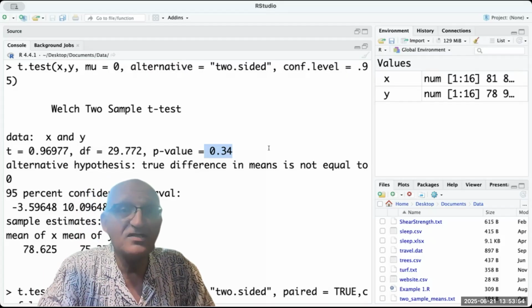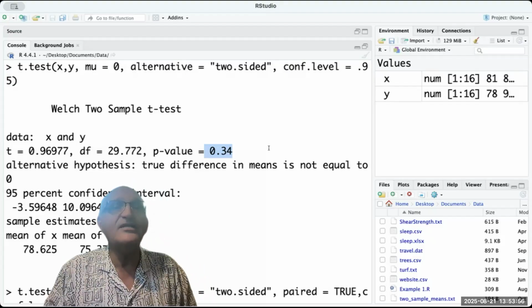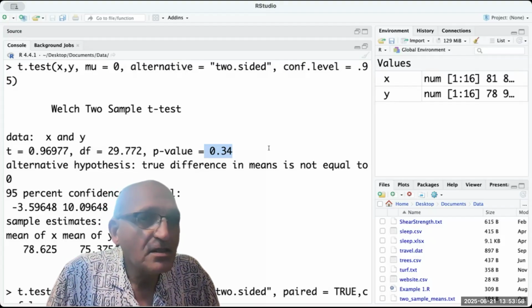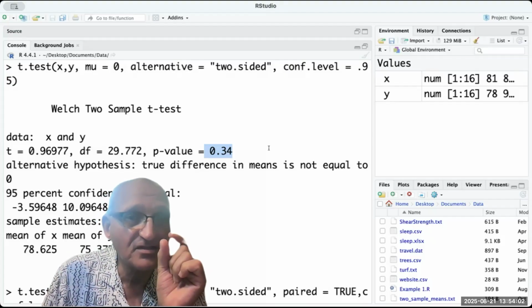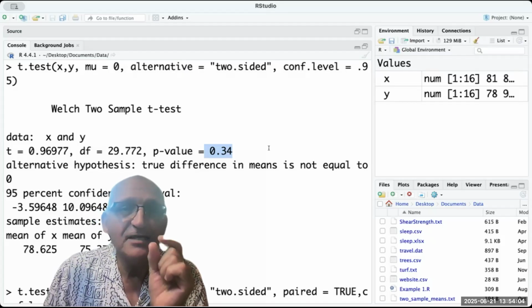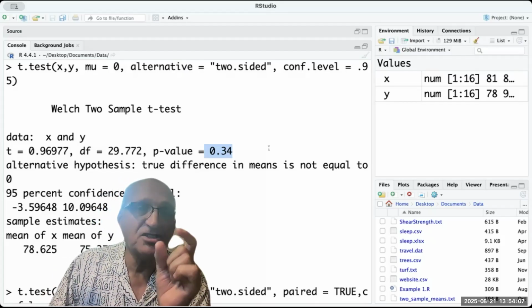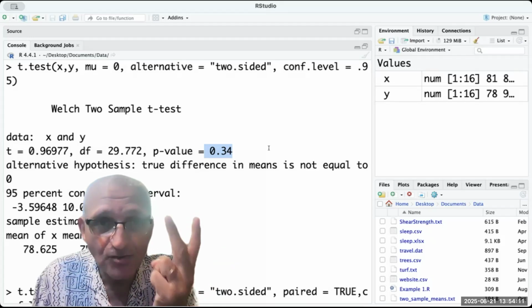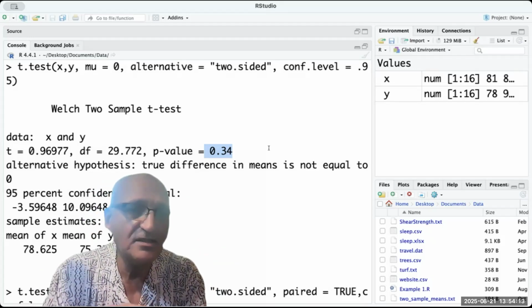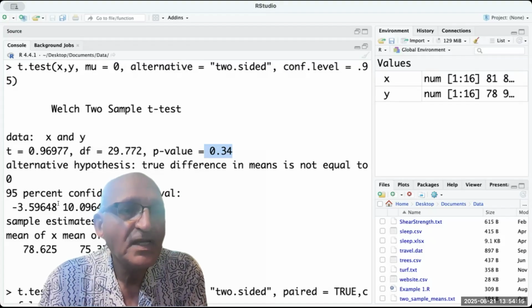But I should expect the p-value to be smaller in the case of paired because it can detect smaller differences. Because now I made the correlation here, I would subtract twice the covariance from the variance of the difference, right? Twice the covariance. And notice that the 95% confidence interval goes from negative 3.6 to 10.